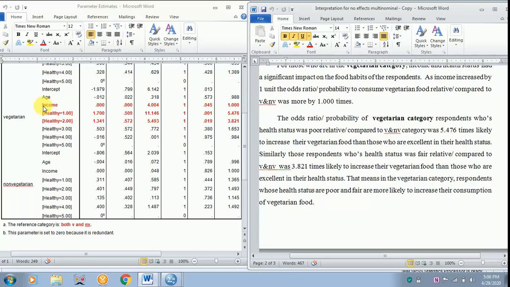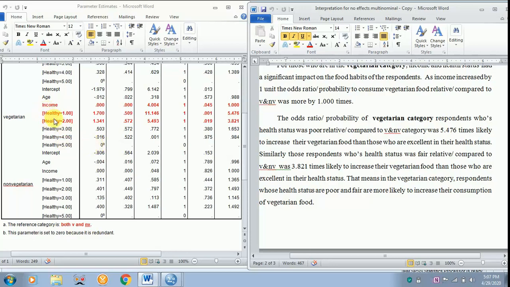Now since this is in the covariate analysis, you have got just age and income. Since this comes under the factor, you have got different categories, that is those who are poor, those who are fair in health, those who are average, those who are good and those who are excellent. So excellent here is the base. Now how to explain these variables?